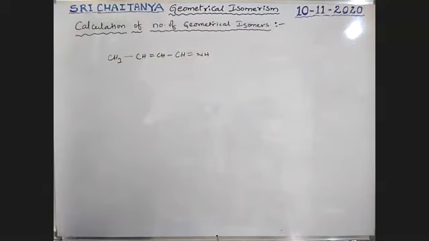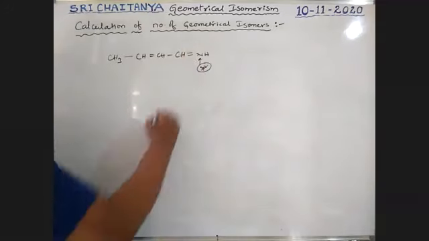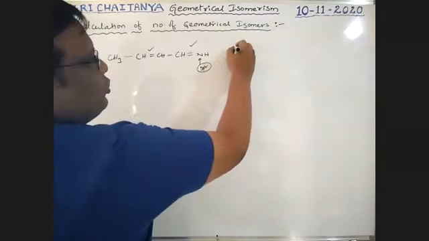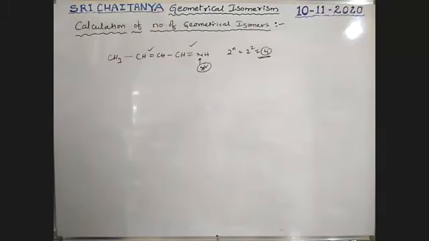In this case, how many geometrical isomers? Boys, this nitrogen is in sp2 condition, a double bond in nitrogen. So both are possible. Therefore, our answer is 2 power n, 2 power 2, 4 is the answer.